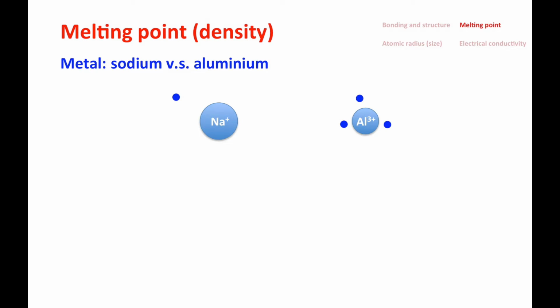The third point we are going to discuss is the melting point or density. For metals, it is about the metallic bond strength. Here we have sodium and aluminium as an example. Aluminium has a higher charge density: it has a 3+ charge versus +1 in the sodium ion.